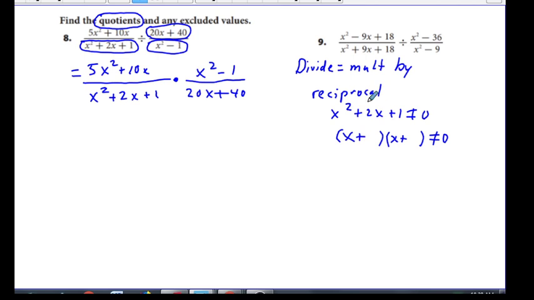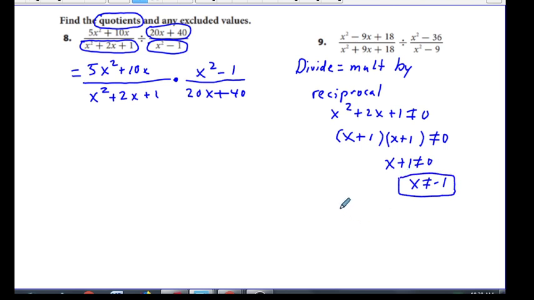So what is that going to be? Looks like 1 and 1, right? So x plus 1 cannot equal 0. So x cannot equal negative 1. So that'll be one of our excluded values.